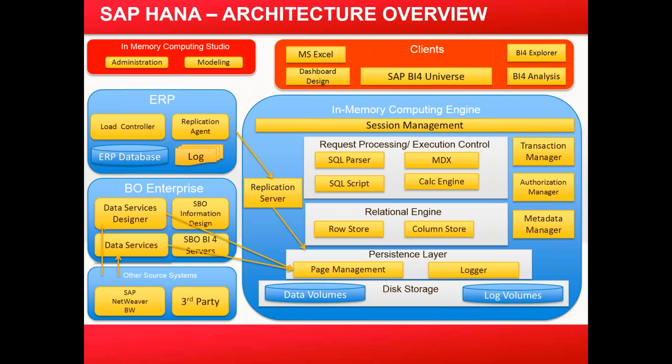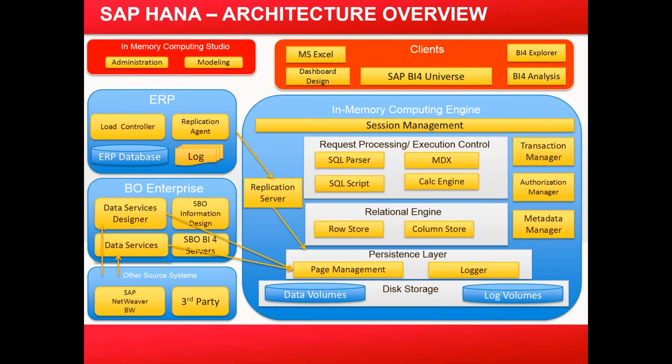Whenever there is a request for another type of data, let's say you are utilizing the entire memory size of 2 terabytes. Now there is a request by a business objects report which cannot be accommodated by the 2 terabyte memory space, and it has to come from disk into the memory, because this is a new data set which is not yet in memory.